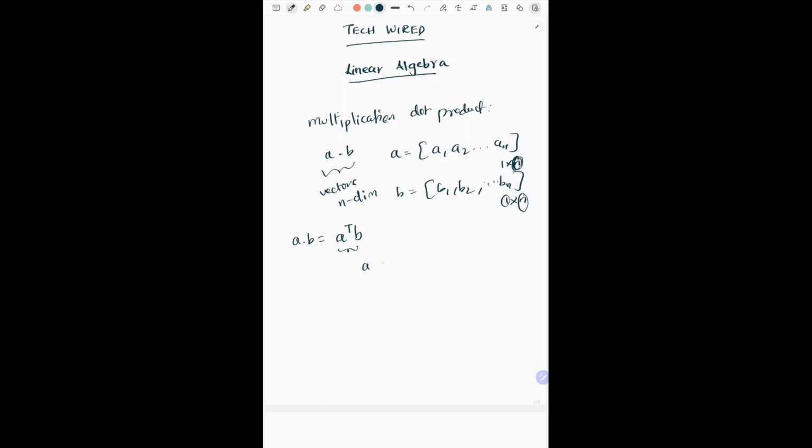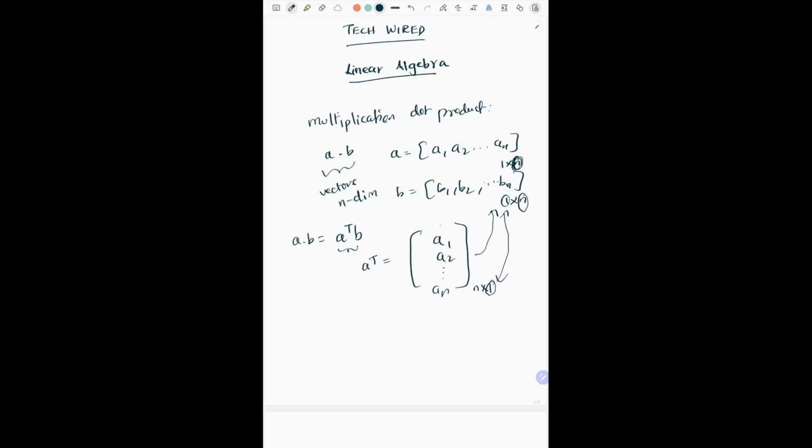If I do A transpose, we get A1, A2 till An, and this representation is n cross 1. Now I can multiply this with B, because the inner dimensions match, 1 is equal to 1, so the multiplication is valid.